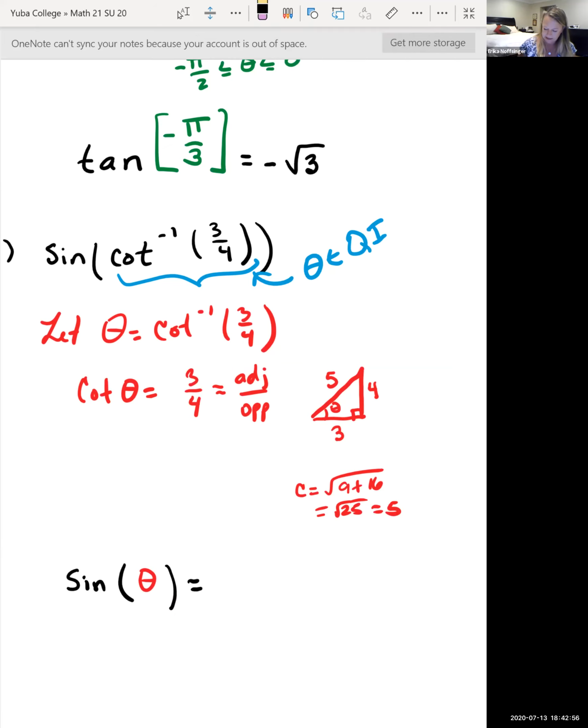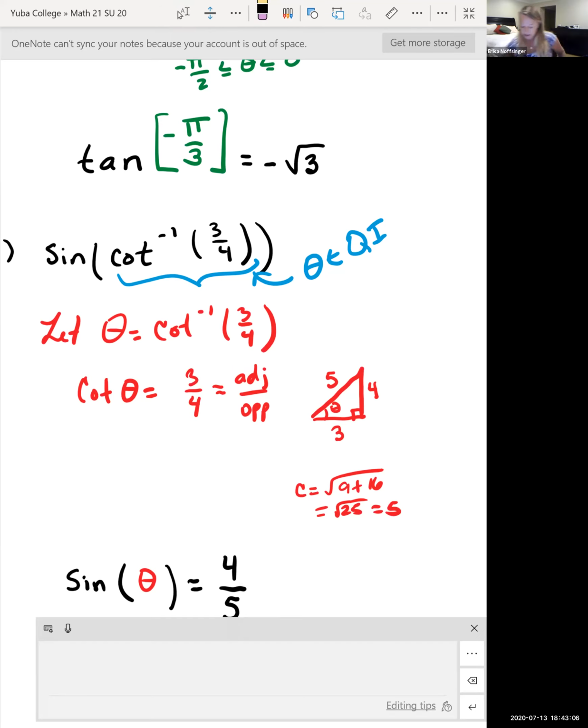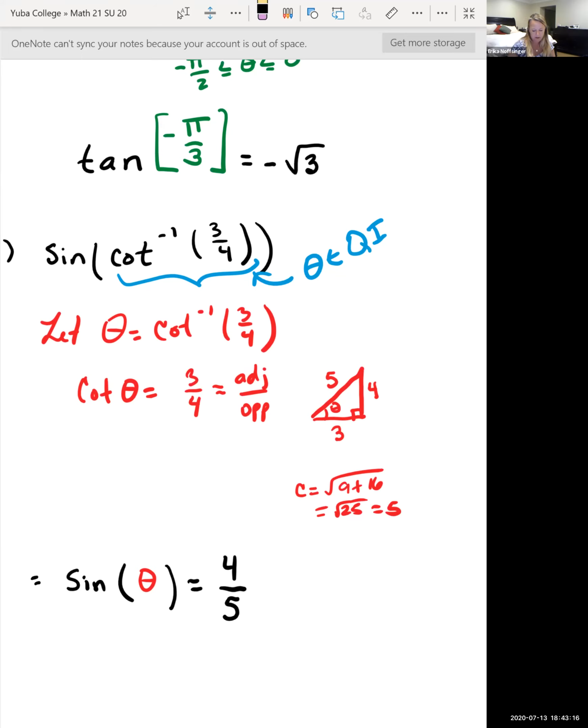So opposite is 4 over hypotenuse, which is 5. And again, because this was positive, cotangent is positive in quadrant 1, and we have the inverse function, so we had to limit the domain of the original cotangent so that it would have an inverse. Okay.